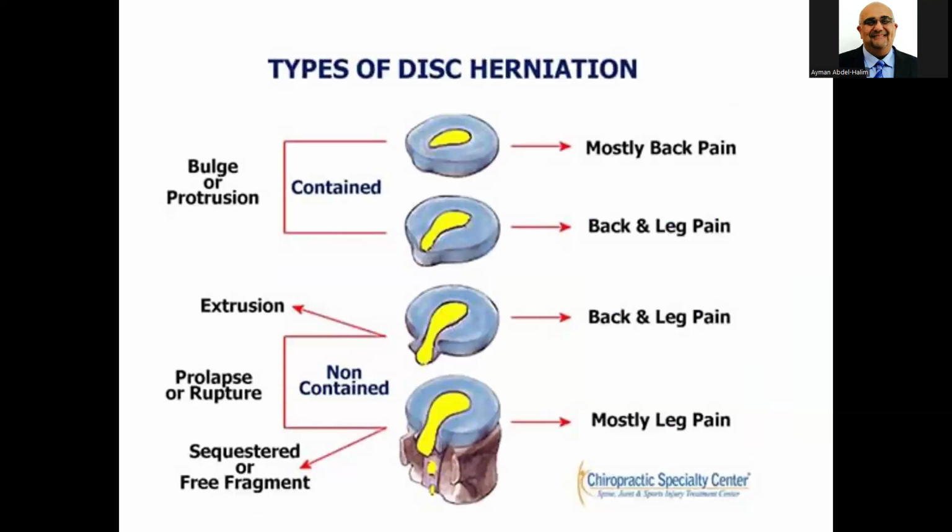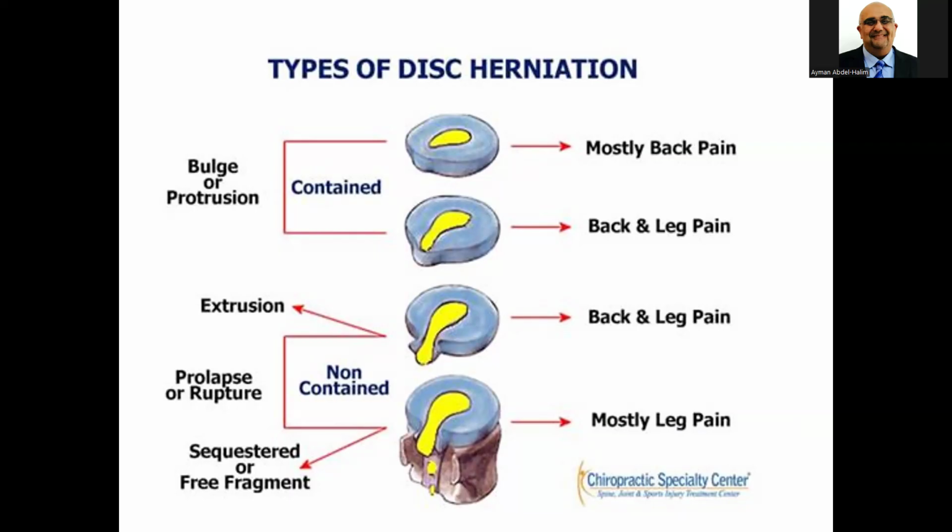Types of disc herniation. It starts from a bulge or protrusion, going up to extrusion, going up to sequestered or free fragment. If it's just a bulge, guys, probably the patient will be complaining about low back pain.